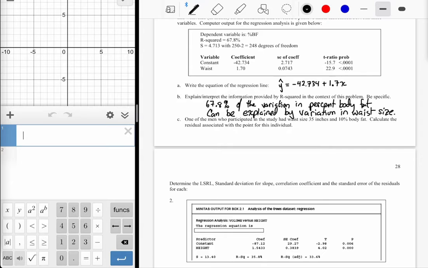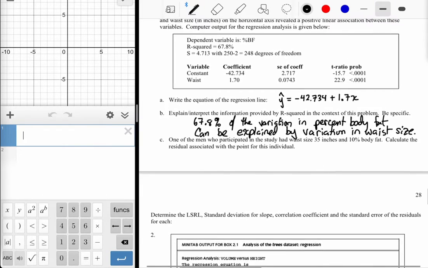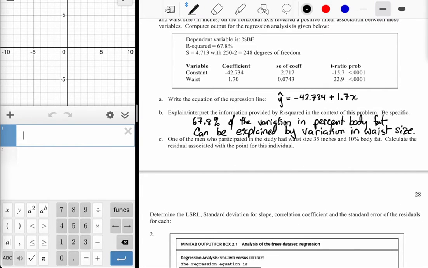So we look at this and say, can we determine that a change in waist size caused a change in percent body fat? It doesn't seem to make sense. I mean, if anything, it would probably be the other way around. But just because you have a correlation between the two variables doesn't mean one actually caused the other to happen.